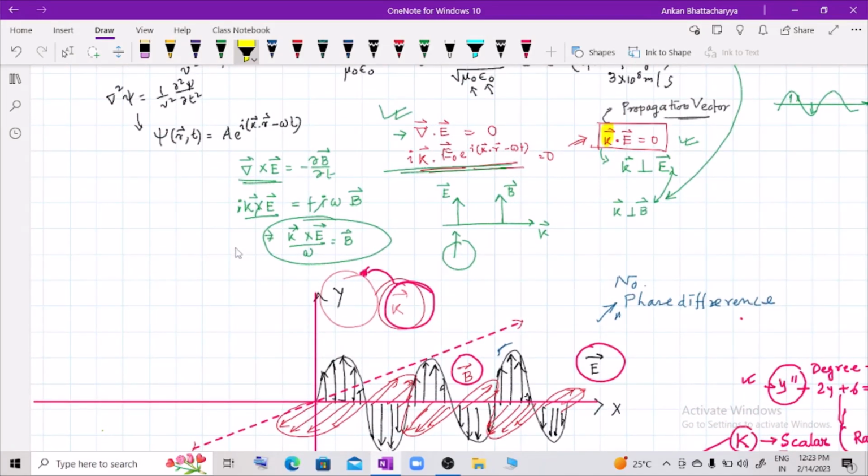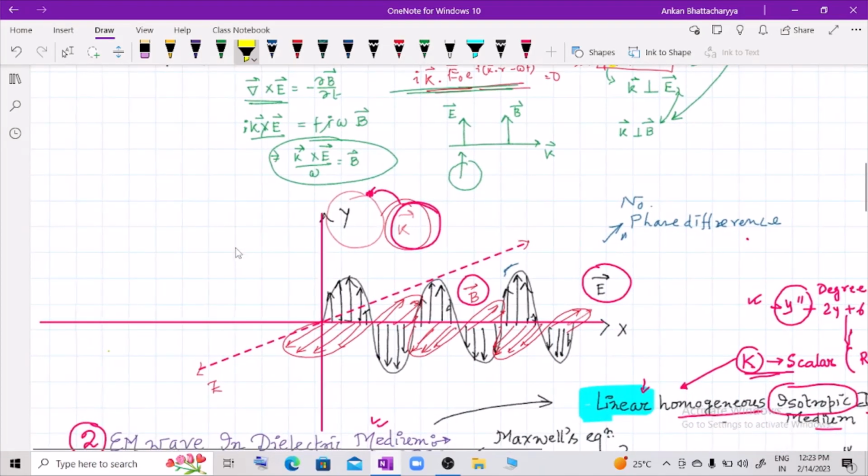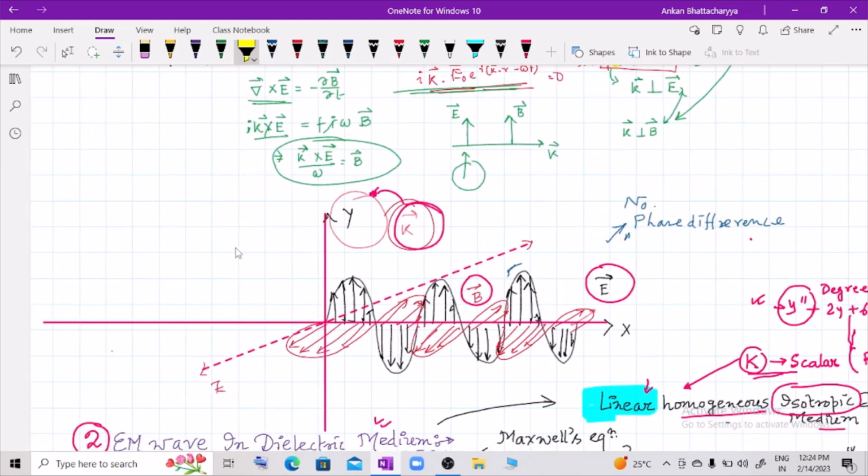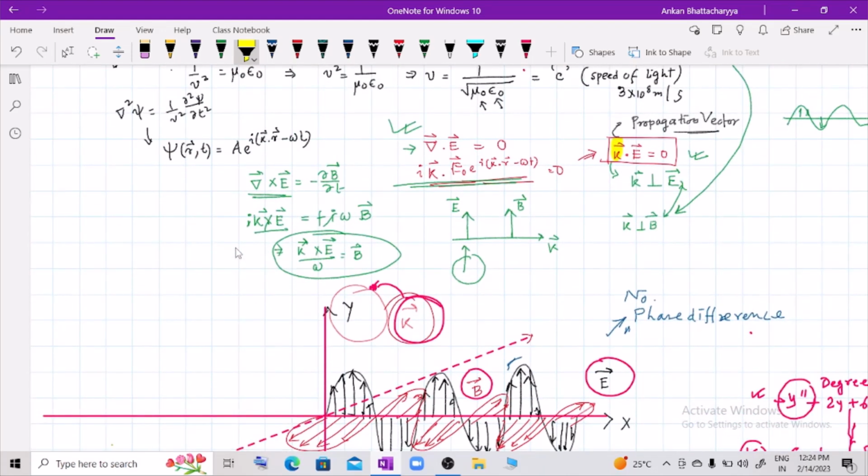From these you can conclude that the propagation vector is not a complex number, it is a purely real number. So there is no phase difference between the electric field and the magnetic field.